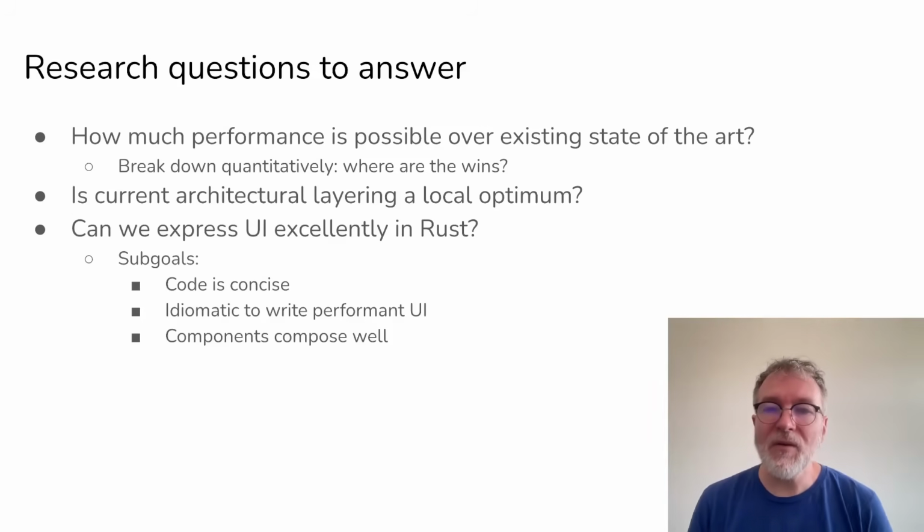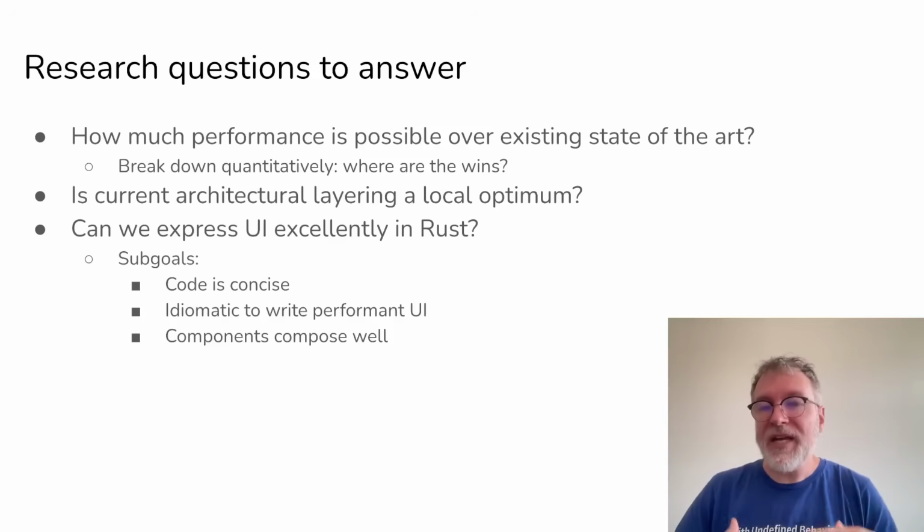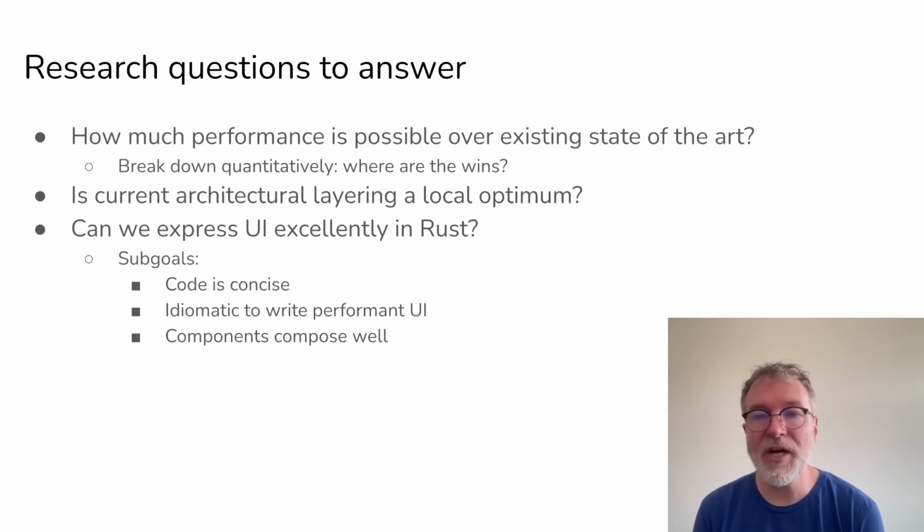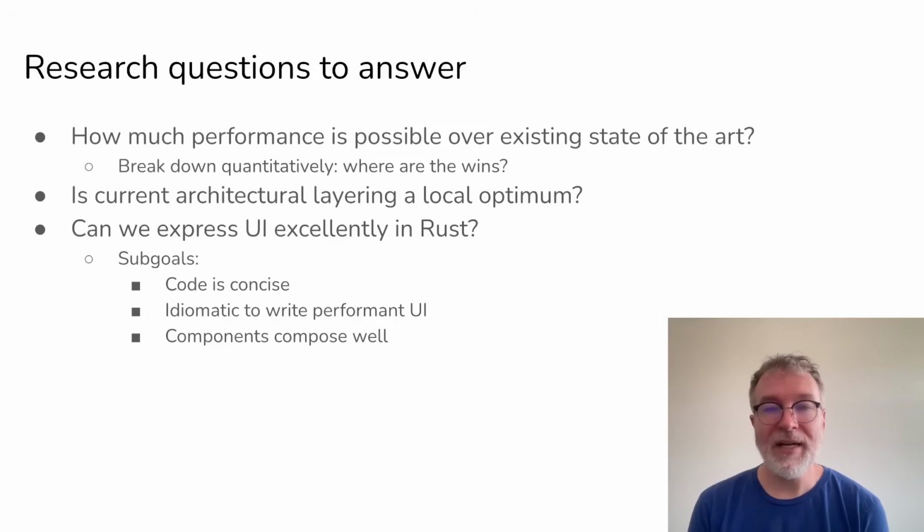And then, if you just said, okay, here's a really painful way of writing things at a very low level, so you can do a demo that's super fast, but if you tried to build a real system, then you would find that it was just completely intractable. That wouldn't be a satisfying answer either. So another sub-problem, or another part of the research, is, how can you express the UI in Rust excellently?